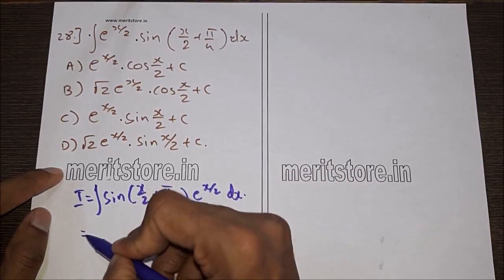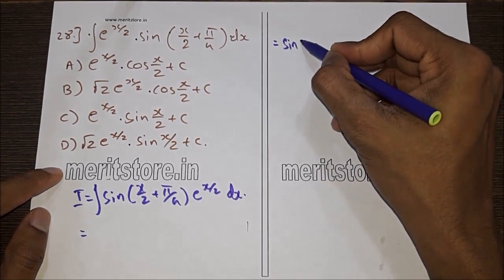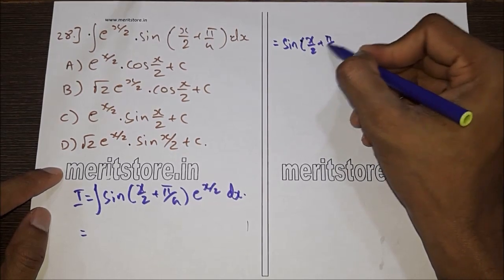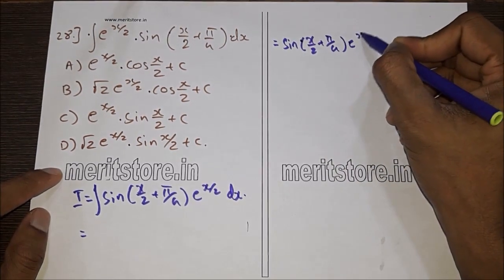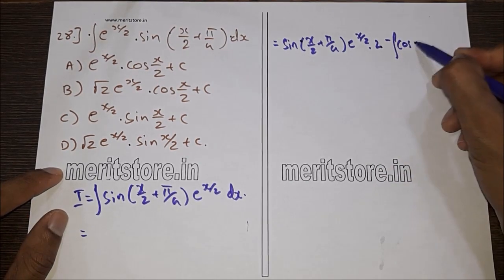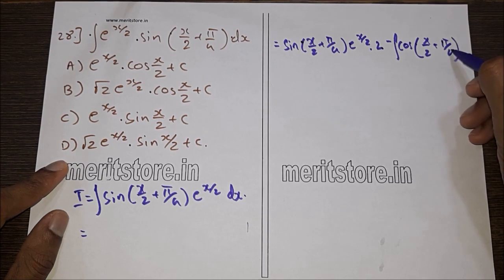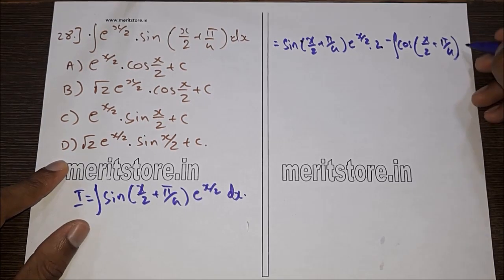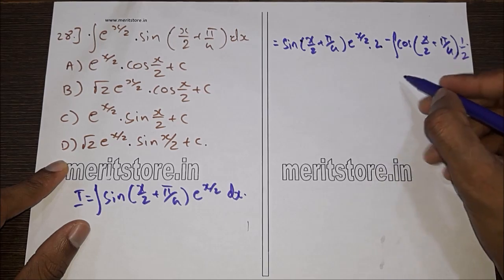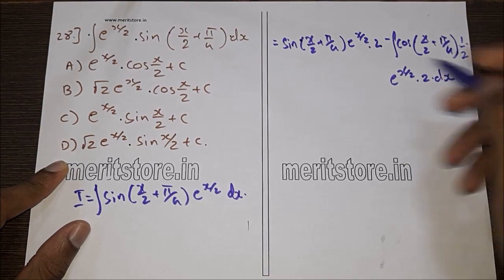If we integrate directly, we get sin(x/2 + pi/4) e raised to x by 2 into 2, minus the integral of cos(x/2 + pi/4) into 1 by 2 into e raised to x by 2 into 2 dx.